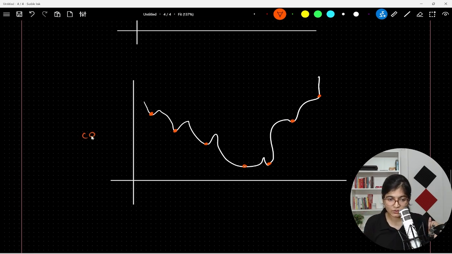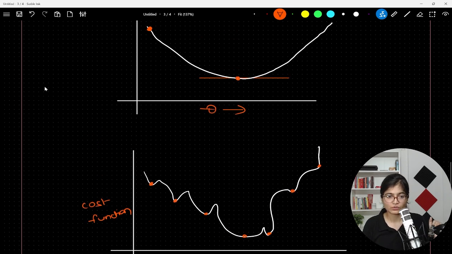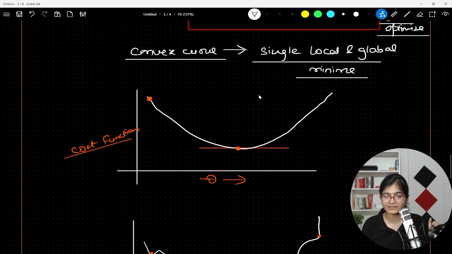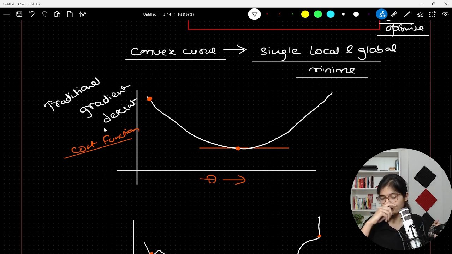So this is the cost function that we have, and this is the theta value that we have. Again, same thing here as well. So in linear regression, when we are trying to solve via MSE, we get this kind of curve, and that's why the traditional gradient descent algorithm that we used in our explanation in the previous module works perfectly well.